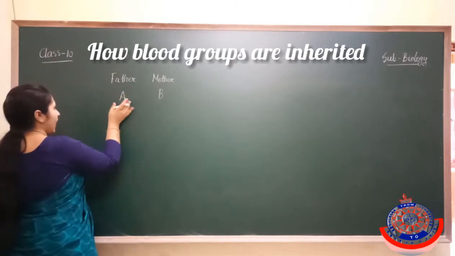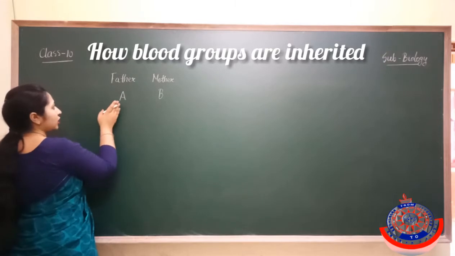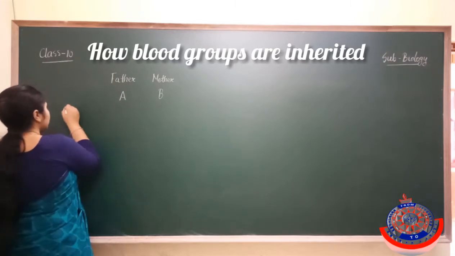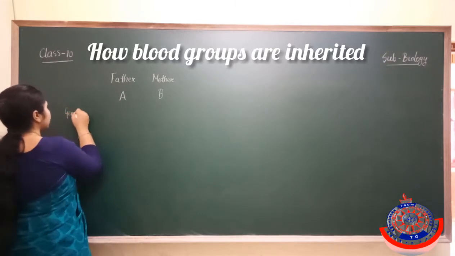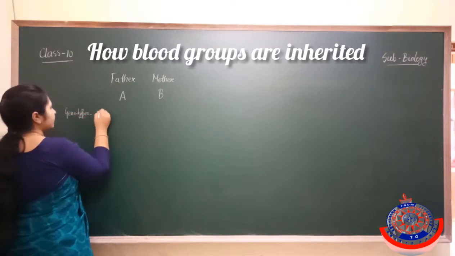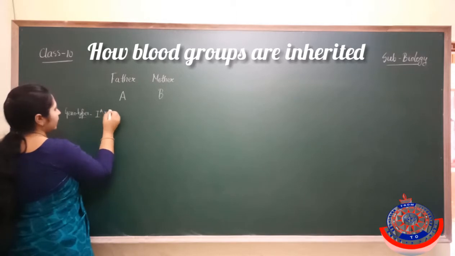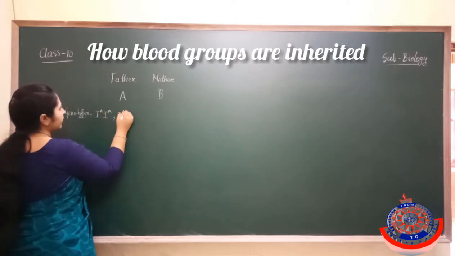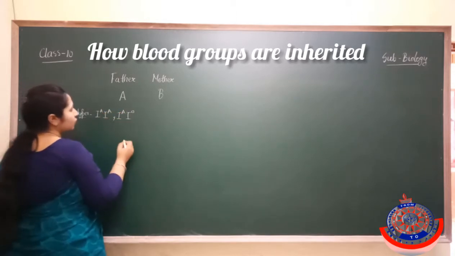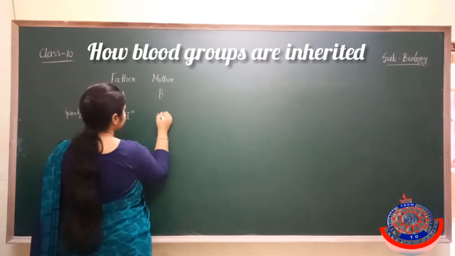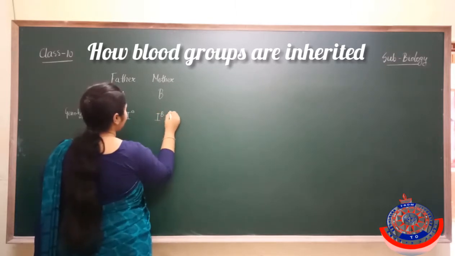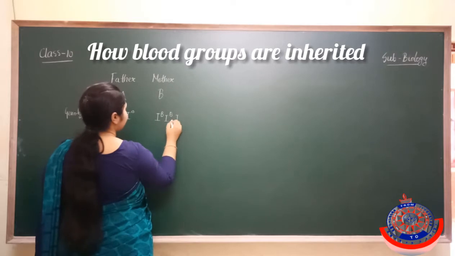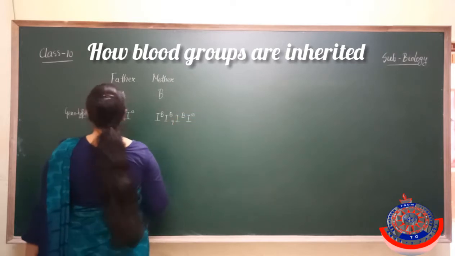First of all, we have to write all the possible genotypes for the blood group A. The possible genotypes are IA IA and IA IO, and for B, IB IB and IB IO.